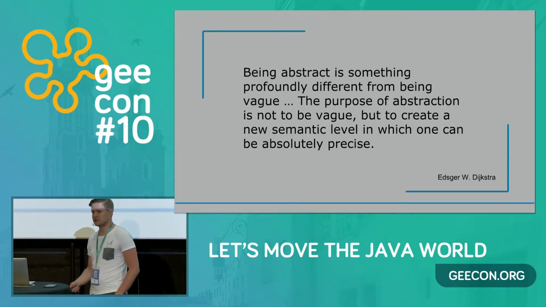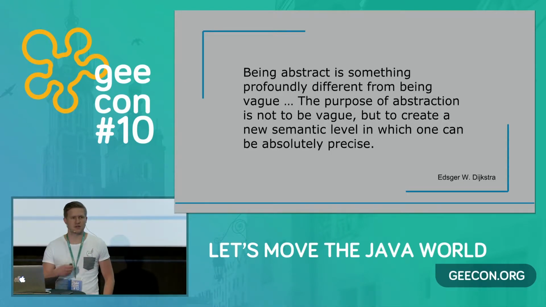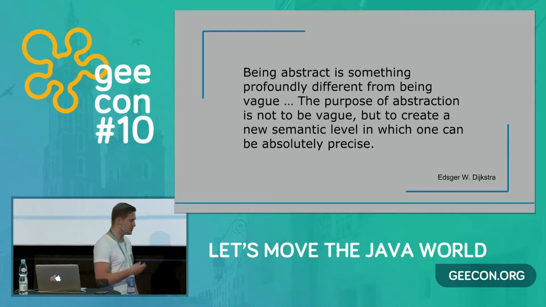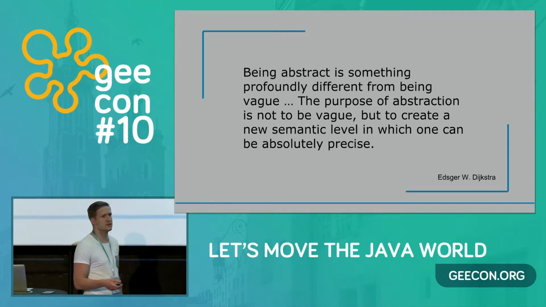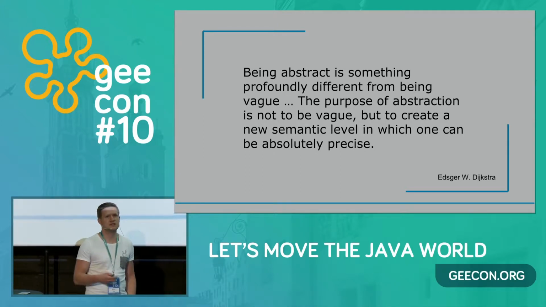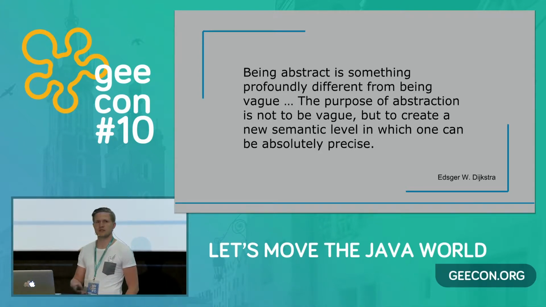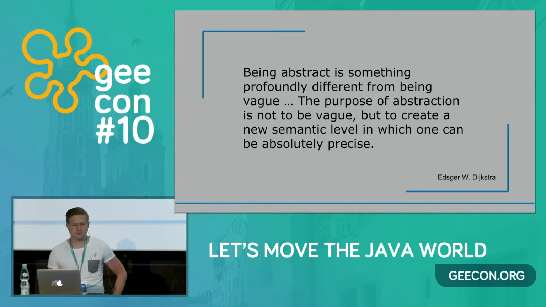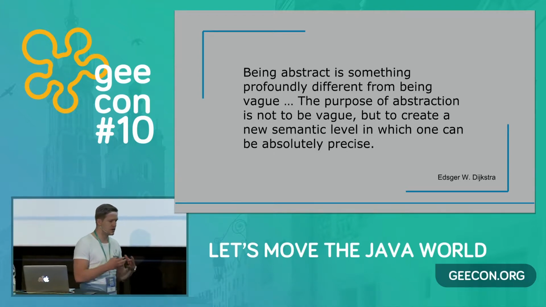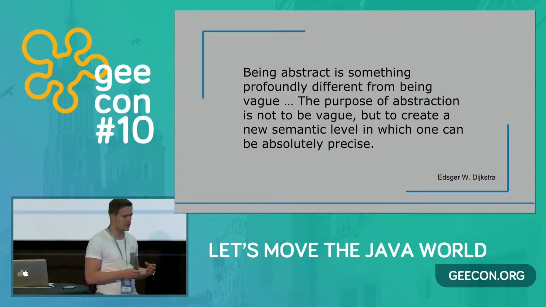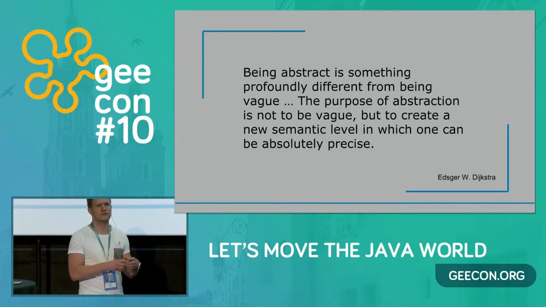Dijkstra once said that all those abstractions and frameworks, while they're very useful for us because they allow us to bring business value faster, not having to worry about a lot of implementation details, they also are here to help us, and they should not make all the details which are underneath very vague.